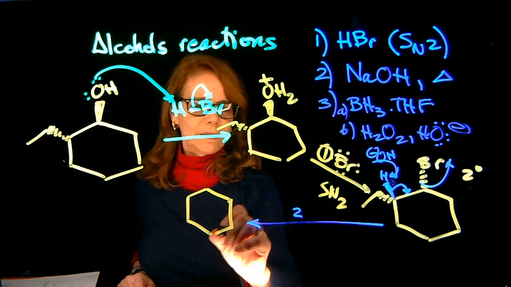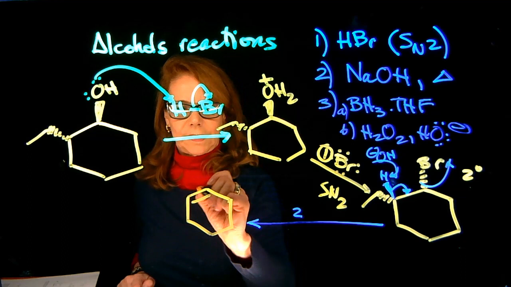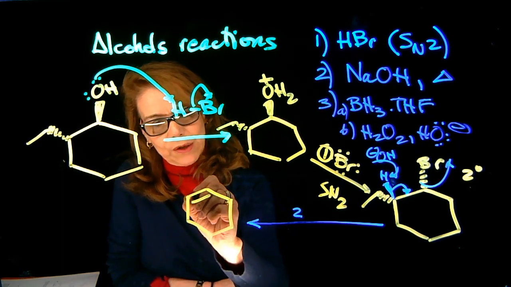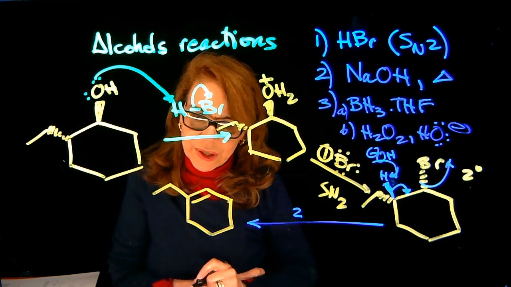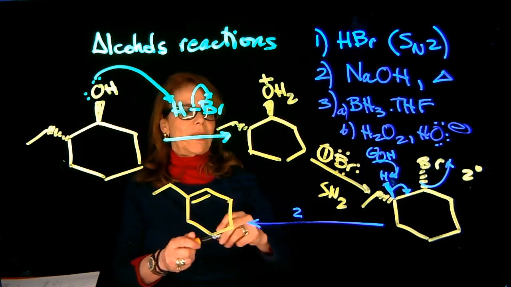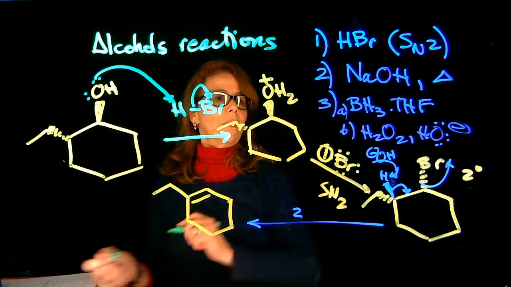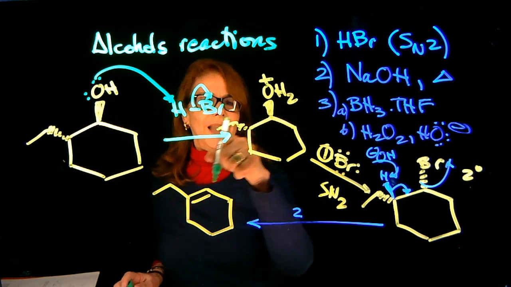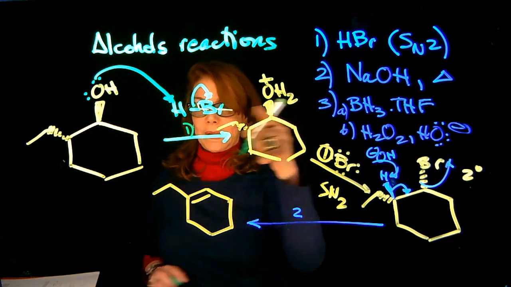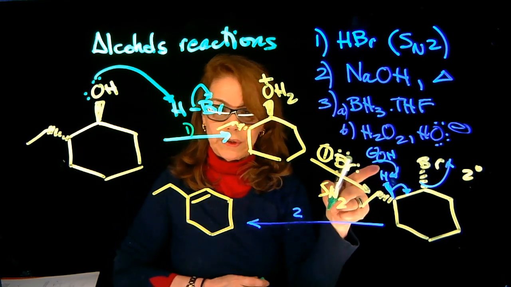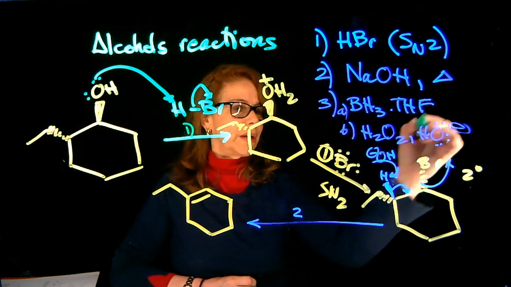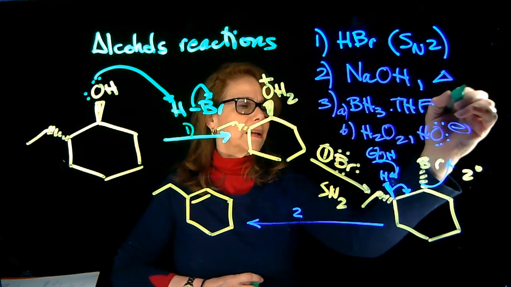So the product of reaction 2 is this alkene. Because this is now an sp2 carbon, we don't need to draw wedges or dashes. So, reaction 1 was the substitution, where you first transformed the OH into a good leaving group and then did the nucleophilic attack. The second reaction is the elimination reaction, and that is an E2.